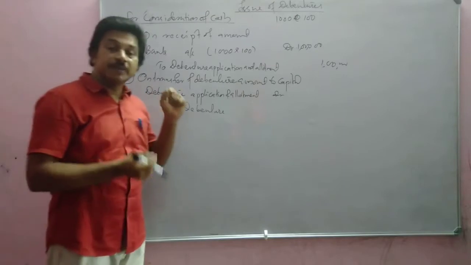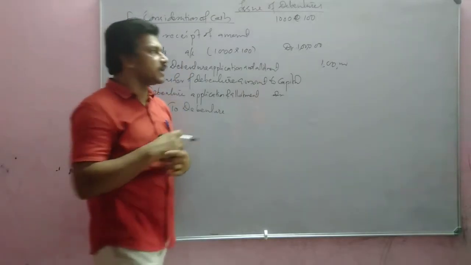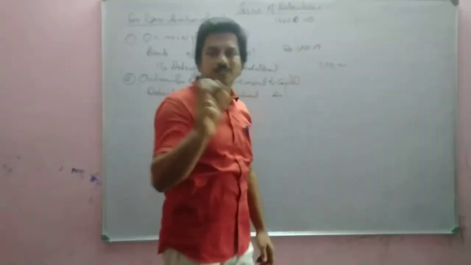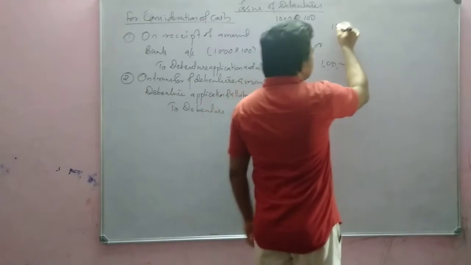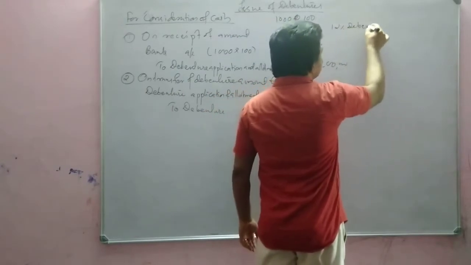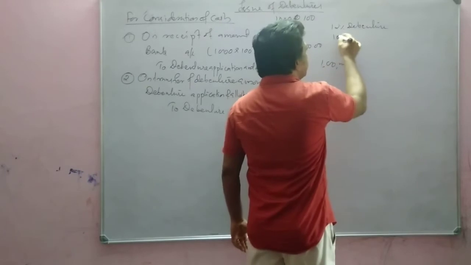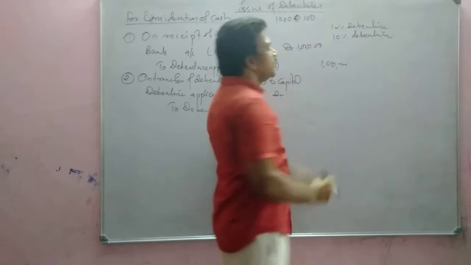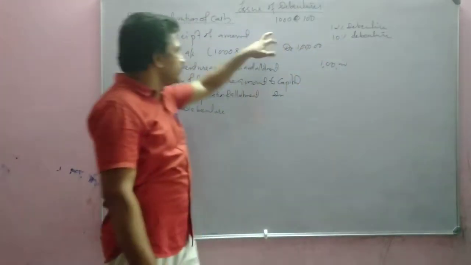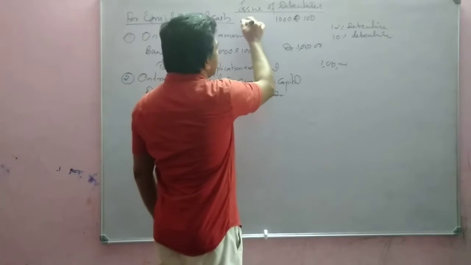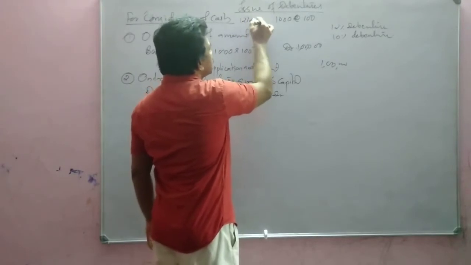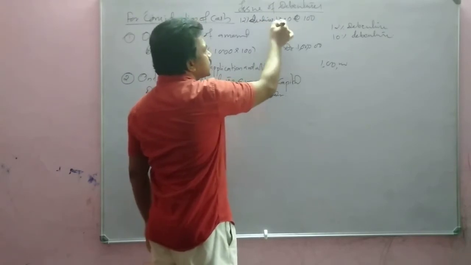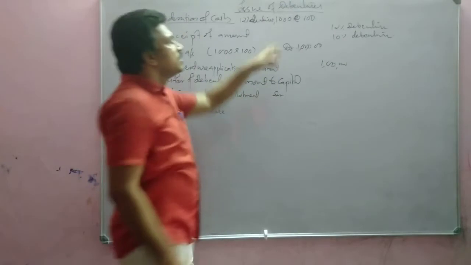Normally different types of debentures will be there, and debentures will be represented by mentioning the percentage of interest. Sometimes 12% debentures will be there, sometimes 10% debentures, like that. So these debentures will be known by the percentage of interest. Suppose 1000 12% debentures are issued at the rate of 100.